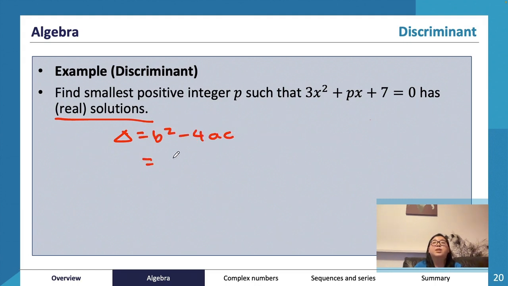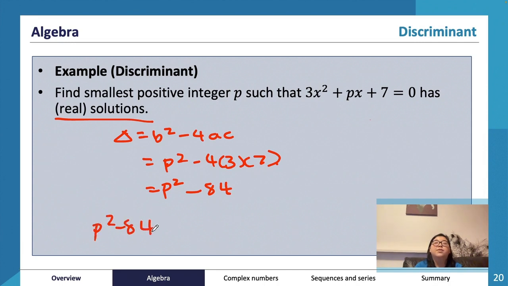So we'll get p squared minus 4 times 3 times 7, so that's 12, that's 21 times 4, so that's 84, so p squared minus 84. If we want this to have real solutions, we need p squared minus 84 to be bigger or equal to 0, right?